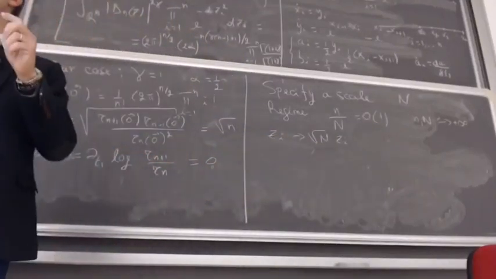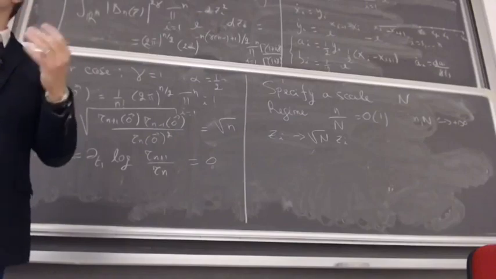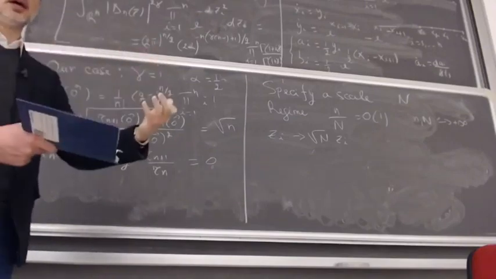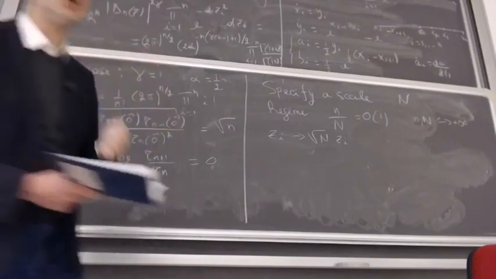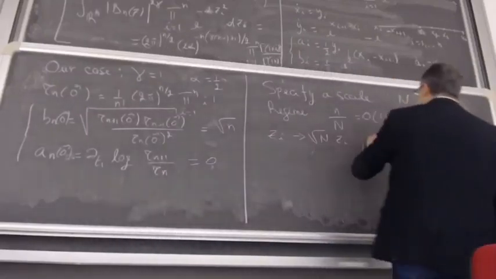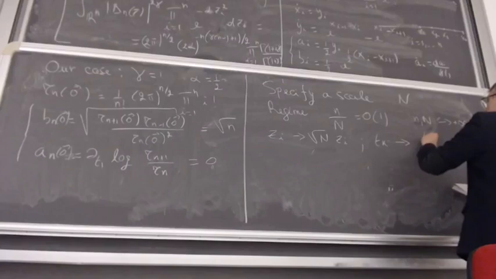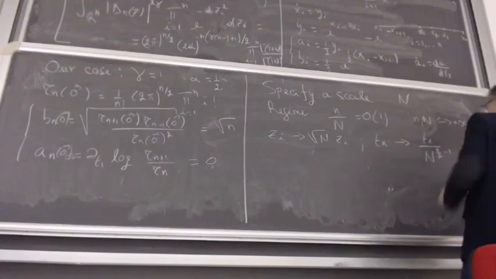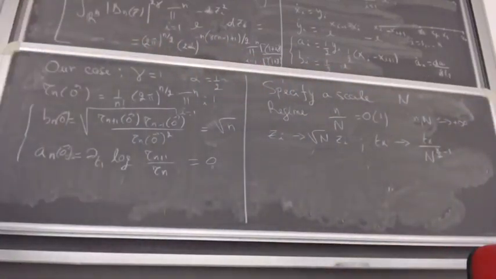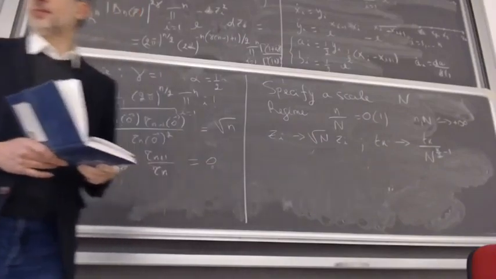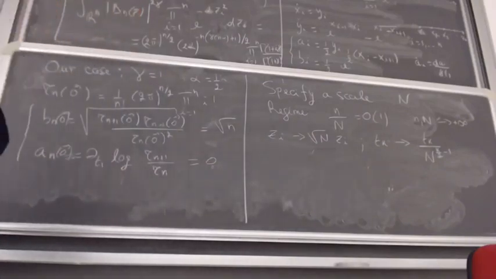And I also need to introduce this scale in my independent variables, the t. So tk is replaced with tk divided by n to the power k over 2 minus 1.